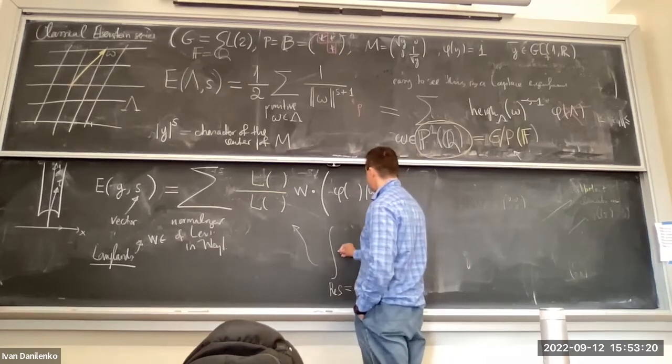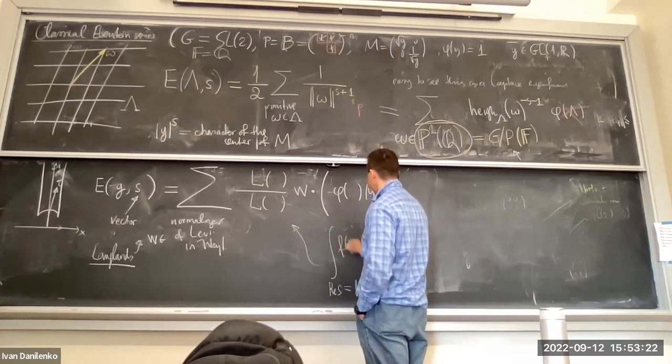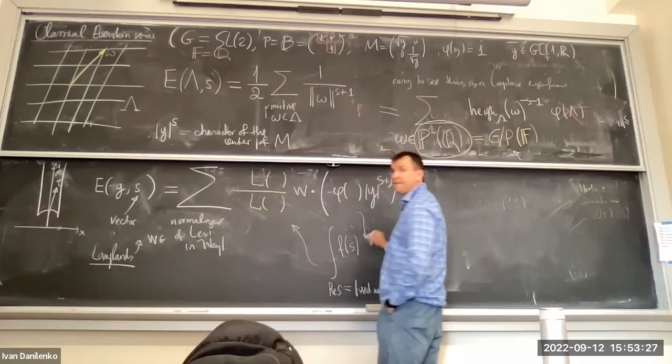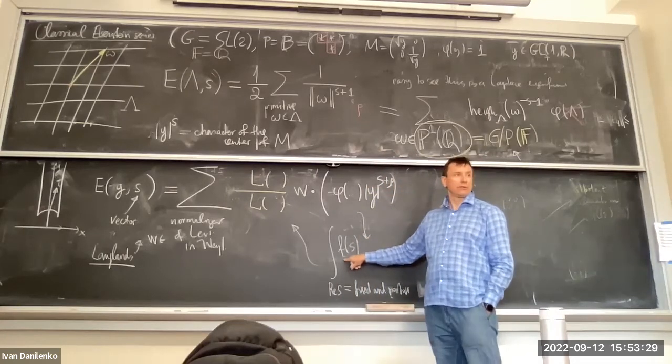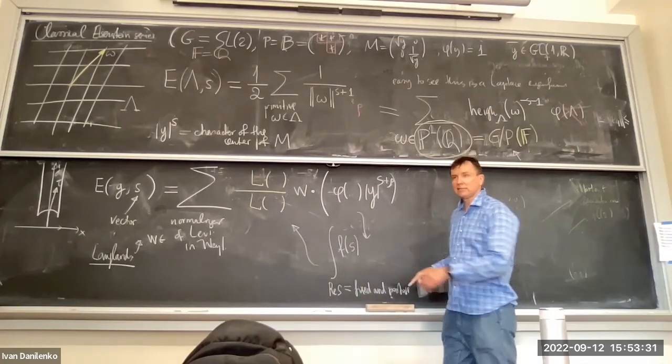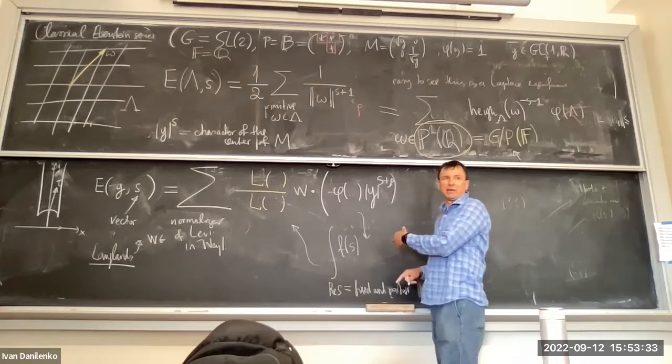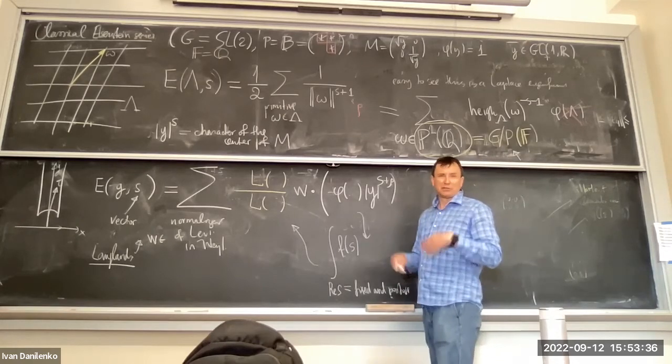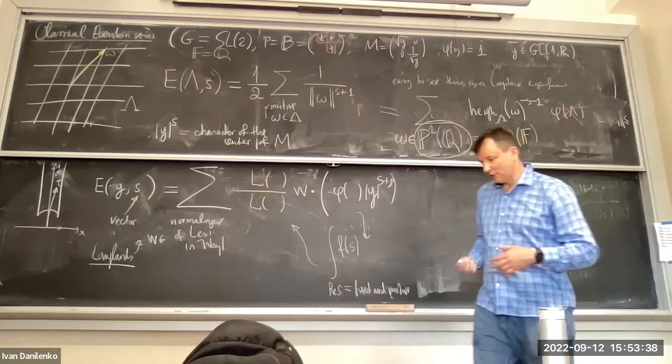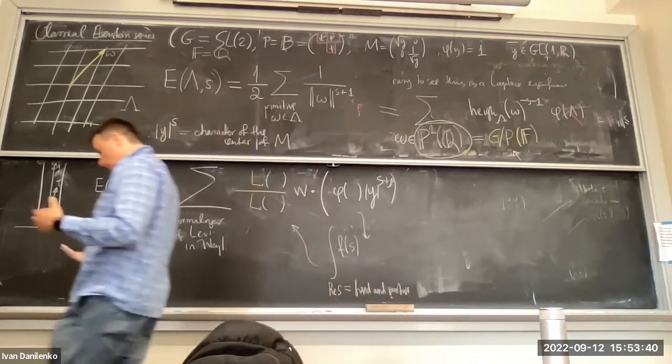And then there's some function, and if you take this function nicely, then this will be a normalized way.